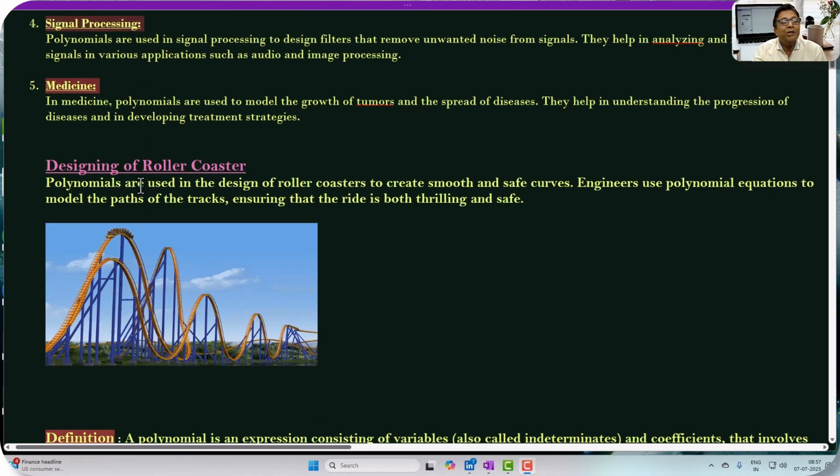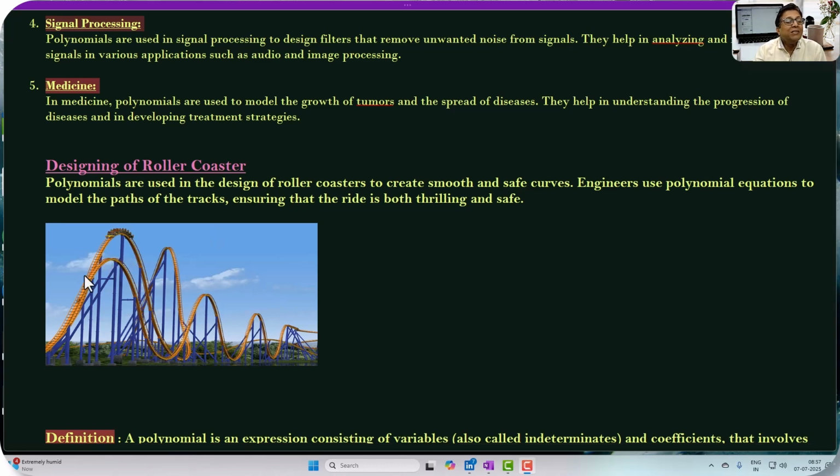Now, this topic you will like most, roller coaster. This is the design of a roller coaster. Polynomials are used in designing roller coasters to create smooth and safe curves. Engineers use polynomial equations to model the paths of the tracks, ensuring that the ride is both thrilling and safe.